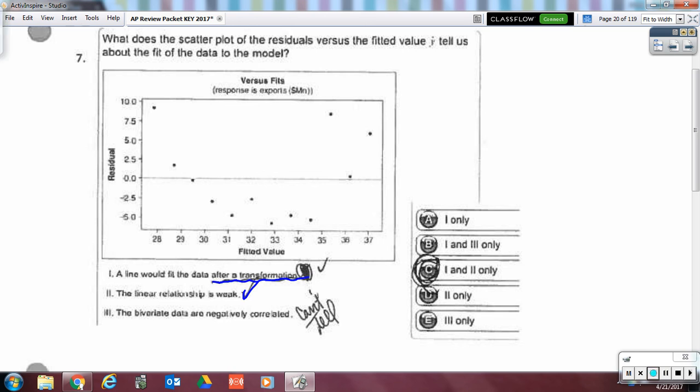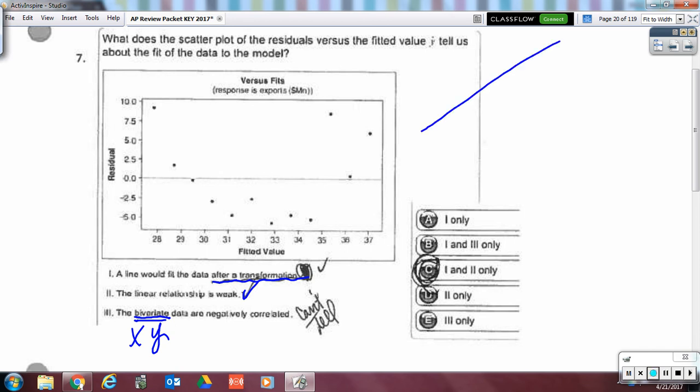Now, a lot of people ask me, what does this bivariate mean? What do you think that means? Two variables. So that's our x and our y variables. So it's asking you, basically, is the original graph of the x and the y negatively correlated? And the answer there is you don't know, because from this residual plot, you cannot tell what the original was.